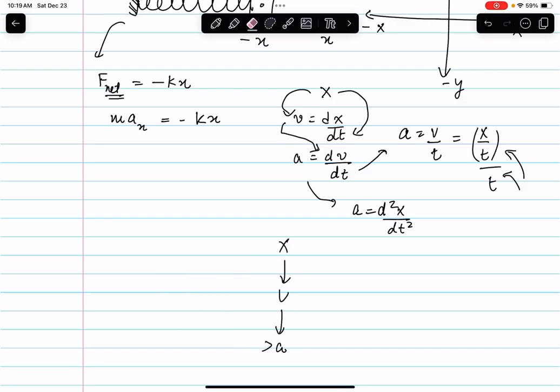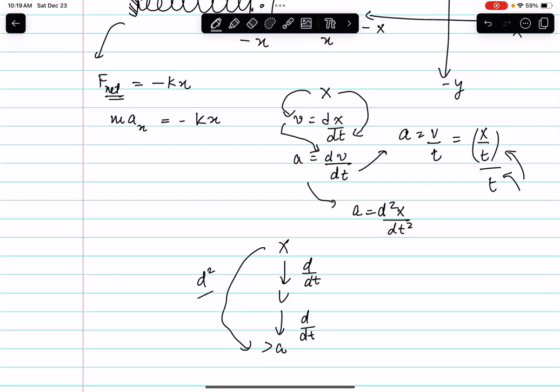Another way to think about it is that from x to velocity, you do d by dt. From velocity to acceleration, you do d by dt. So from displacement to acceleration, you do d squared divided by dt squared. It's like you're taking the double derivative, okay?